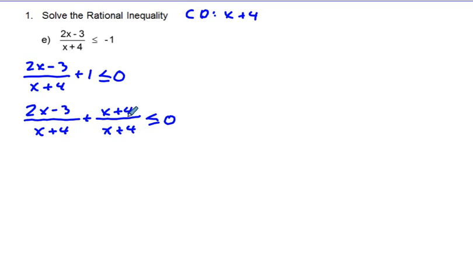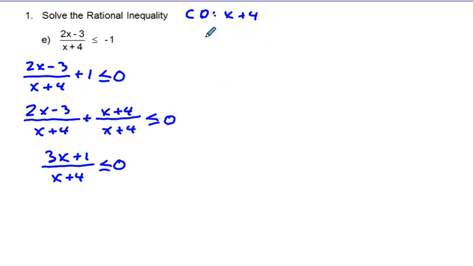And now having that common denominator, we can take 2x plus x, so we'll get 3x, and then negative 3 plus 4, which is plus 1, over x plus 4. And all this is going to be less than or equal to 0. So it took a little bit of doing, but we were able to get a single rational expression.